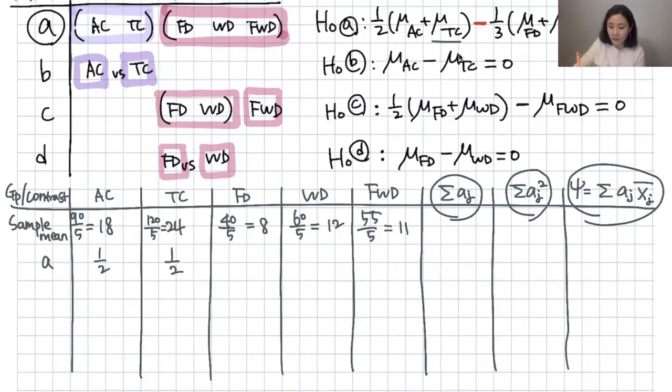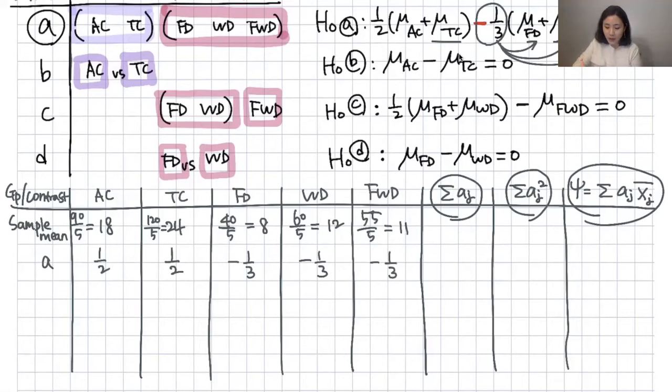And my food deprived coefficient is negative 1/3. WD coefficient is negative 1/3 because we multiply this way. Also, the food water deprived group coefficient is negative 1/3.